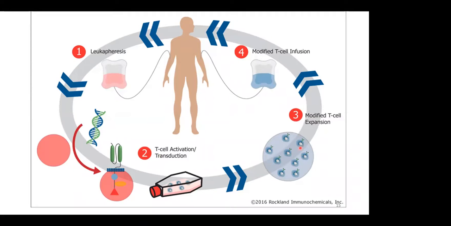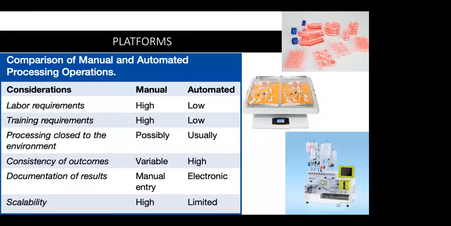It ranges somewhere between 10^6 to 10^7 cells per kilogram body weight. Once we have achieved that number of CD3 positive cells, we can infuse the product into the patient. Since most of us are very familiar with what happens in leukapheresis, we'll try to understand step 2 and step 3 in detail.